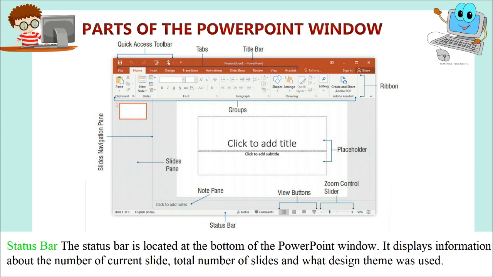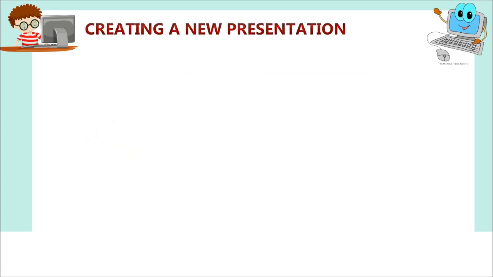Status bar. The status bar is located at the bottom of the PowerPoint window. It displays information about the number of current slide, total number of slides, and what design theme was used. Creating a new presentation.